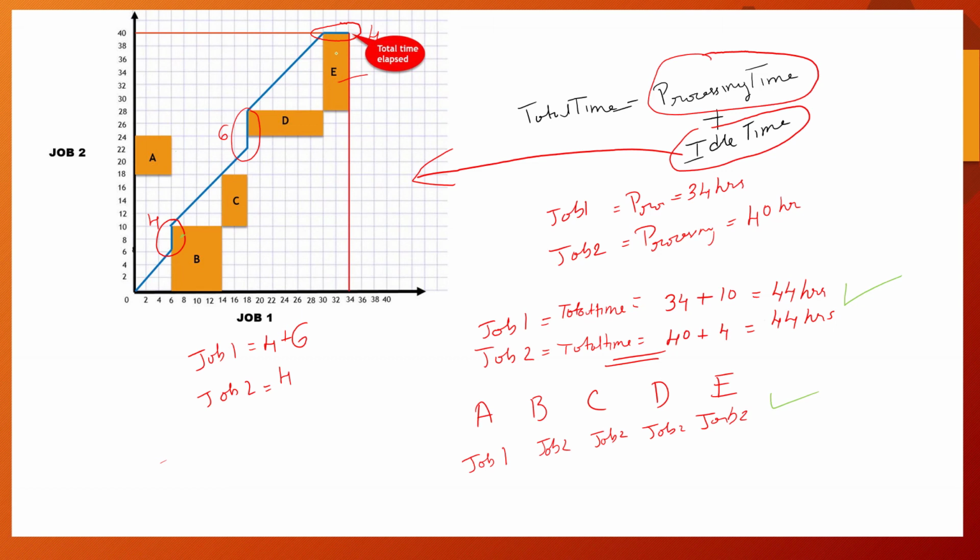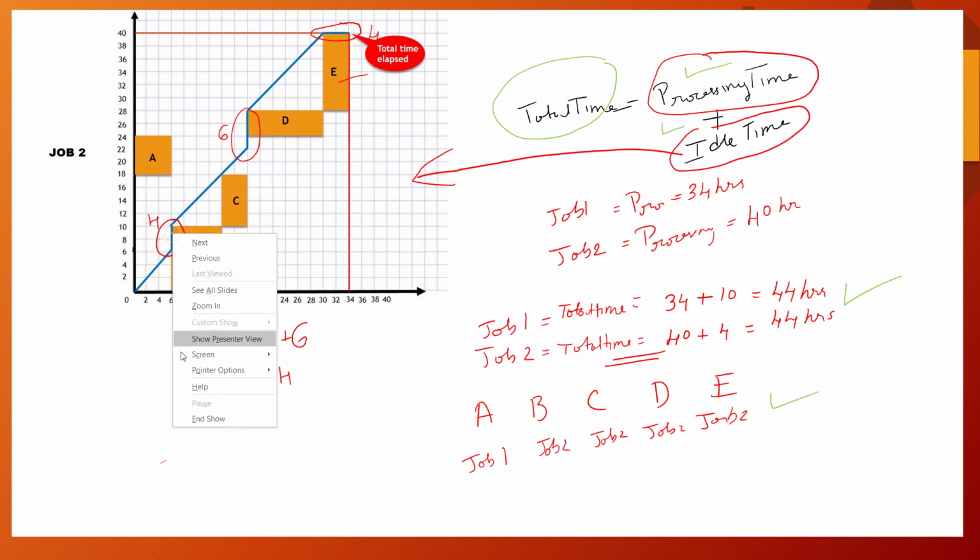Once it is done, calculate the total time considering processing time and idle time. How to calculate idle time? Vertical lines are the idle time of job 1, and horizontal lines are the idle time of job 2. So this is how we solve the problem.